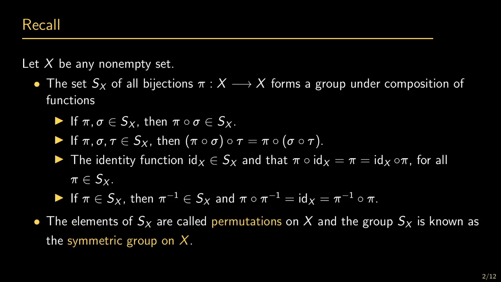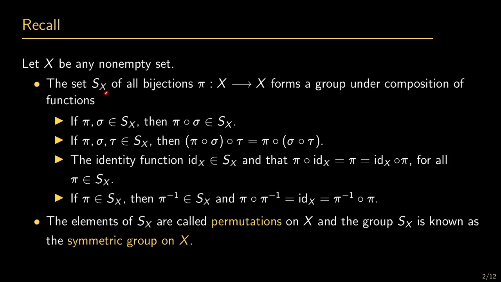Finally, we have learned that if pi is a bijection, then it is an invertible function. In fact, we were able to show that the inverse of a bijection is another bijection. Furthermore, if you take their composition, because pi inverse simply reverses pi, the composition is the identity.